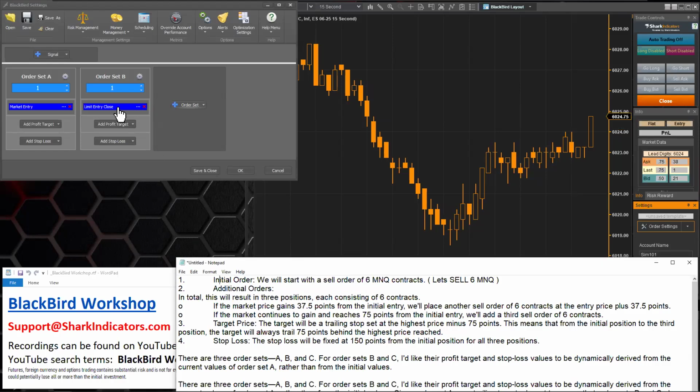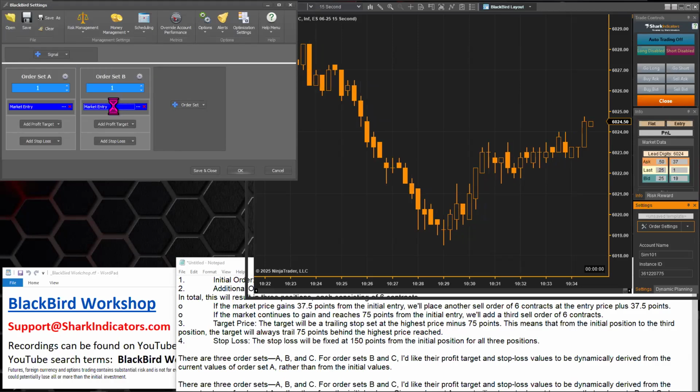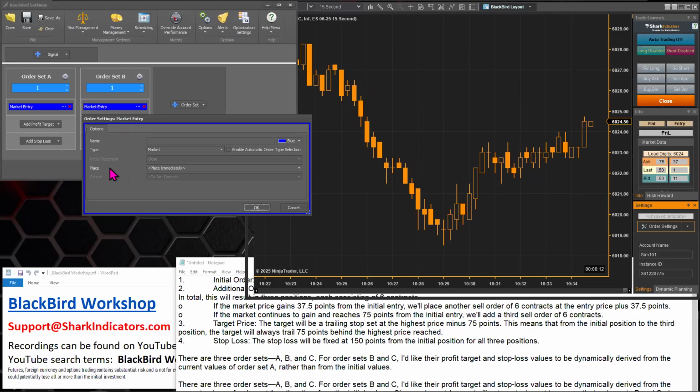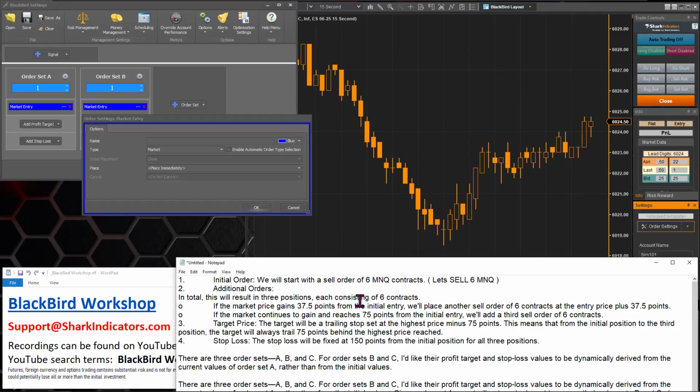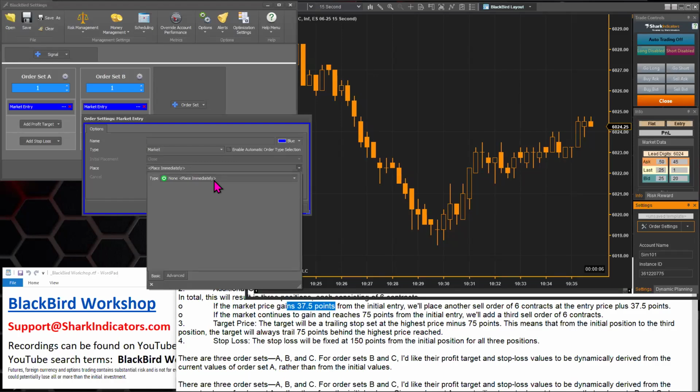But the other option is that I could use a market entry, but then if I do that, it gets a little more sophisticated, and I have to set up the placement option here so that Blackbird is monitoring when the market pulls back this 37.5 points, right? So I'd have to go in here and let's see here.